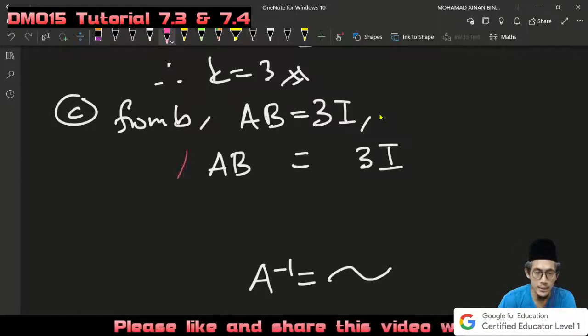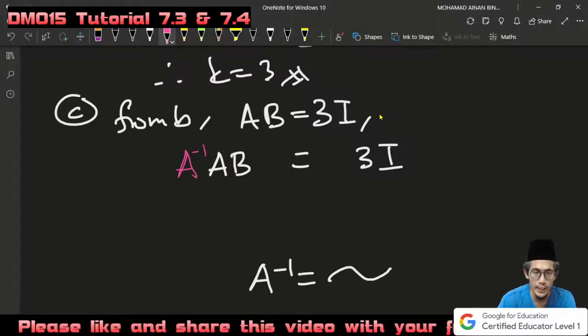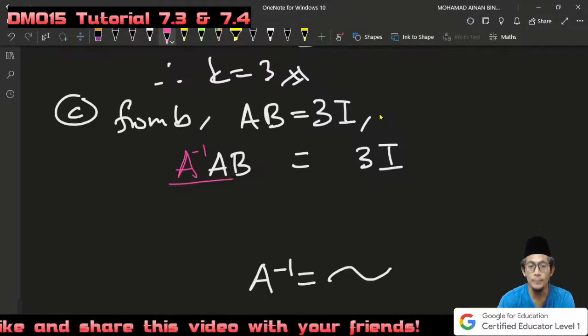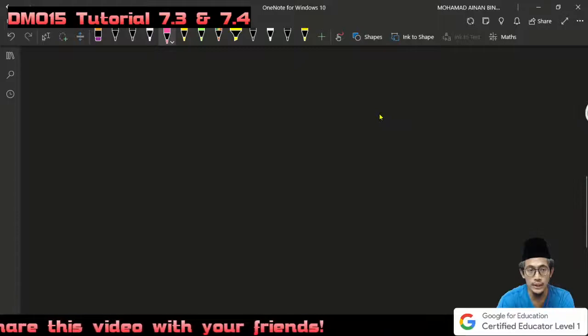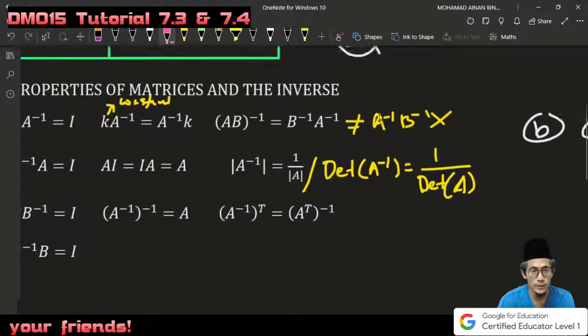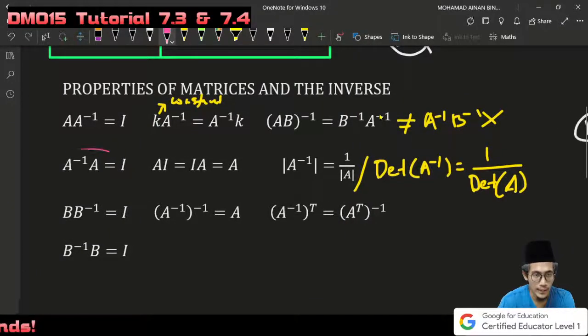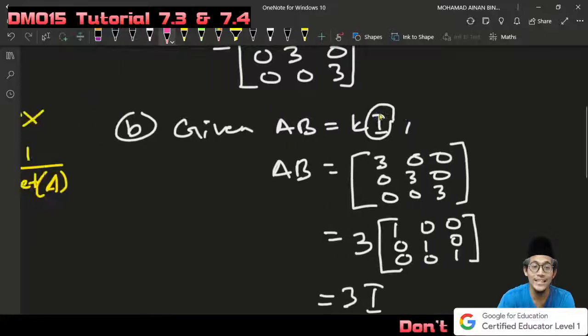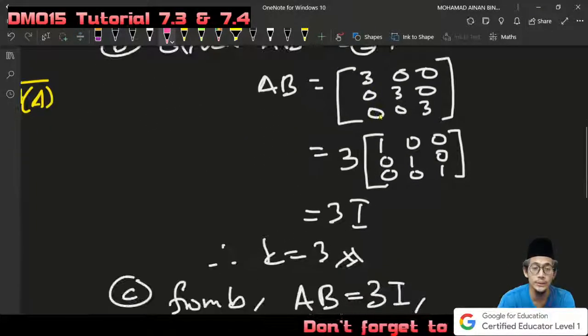For example, this one, we put A inverse closer to A because A inverse multiplied by A sama dengan I. That is why kita letak closer to A.